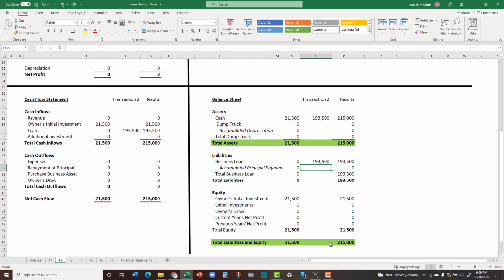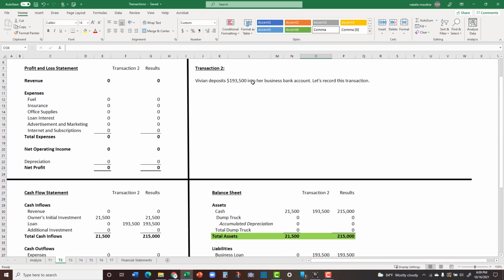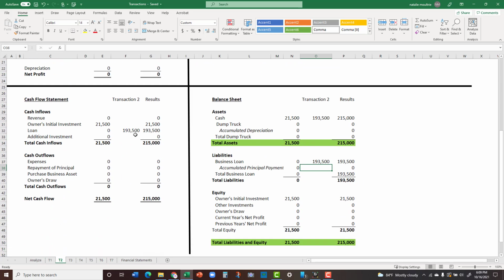All right, and we are still in balance with our assets and our liabilities and equity. So just to recap, after Vivian deposits the loan proceeds, it will increase our bank balance. So it increases our cash inflows, and it also increases our assets and our business loan liability.